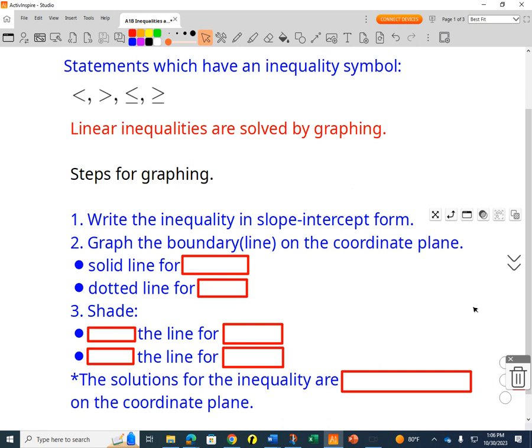So when we graph the inequality, we're really graphing the line. It's just the boundary of that. We're graphing by plotting the y-intercept and then using the slope. Remember though, we use a solid line for the inequalities that have an or equal to under them, so less than or equal to or greater than or equal to. All the points on those lines are included in our solution.